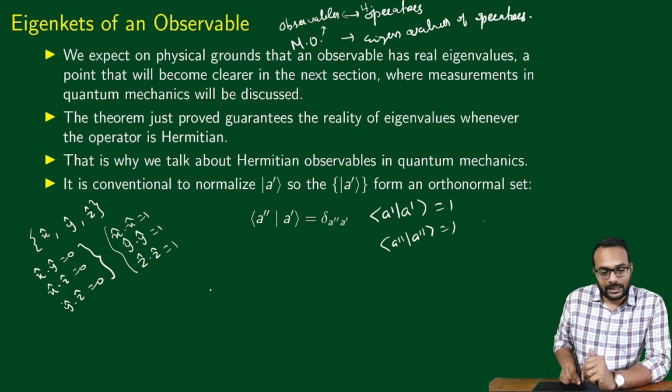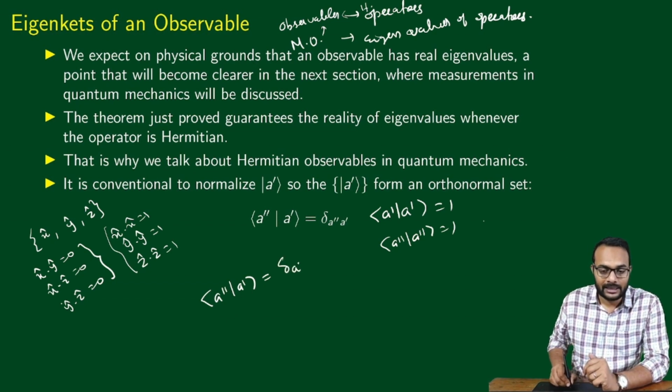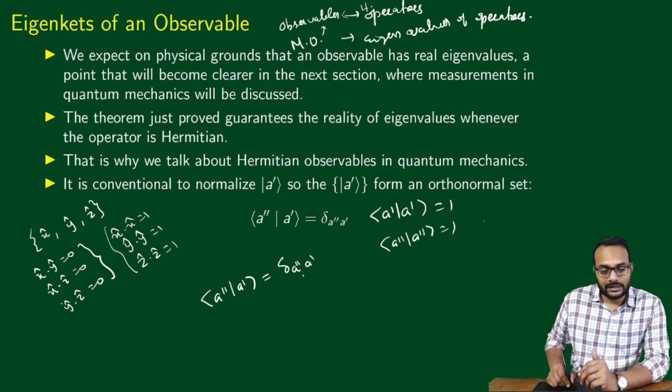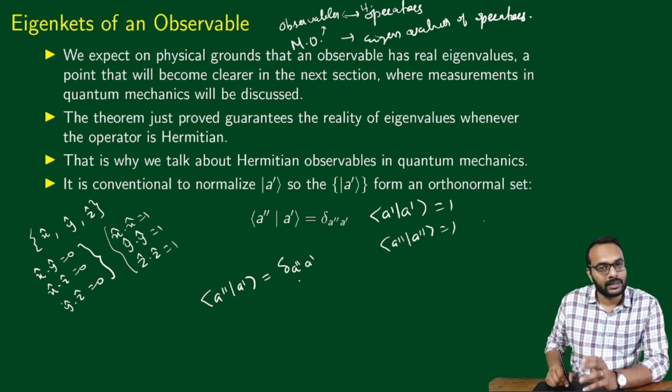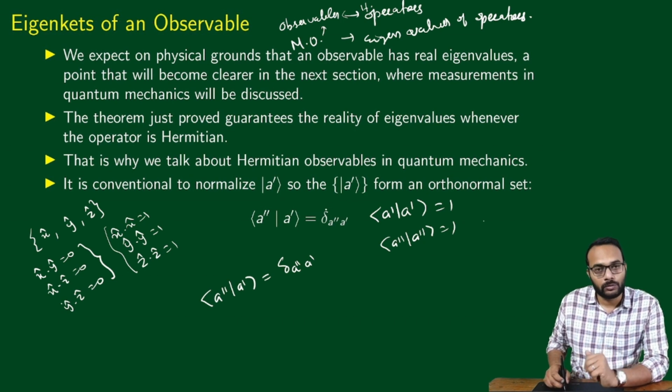In general, we can write the bracket a double prime a prime as equal to 1 if a double prime and a prime are equal, and equal to 0 if a double prime is not equal to a prime. So we can write this as delta a double prime a prime, where delta is the Kronecker delta. It is equal to 1 if a double prime is equal to a prime, and equal to 0 if a double prime is not equal to a prime. So if we normalize these kets, we say that we have an orthonormal set.